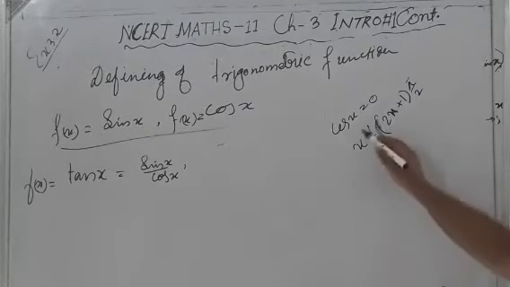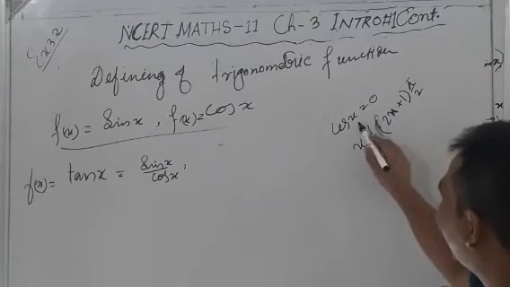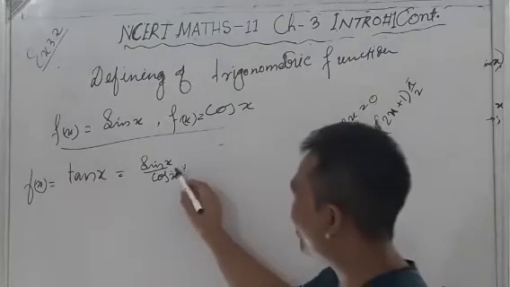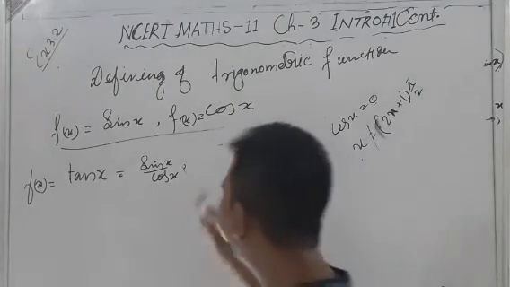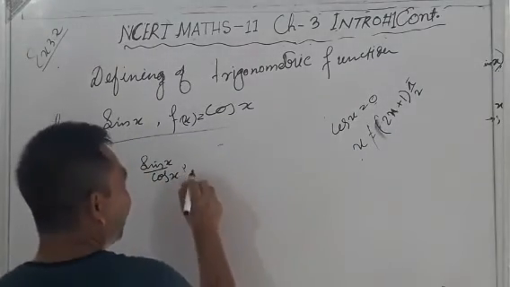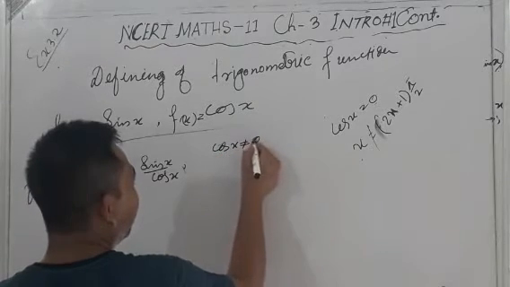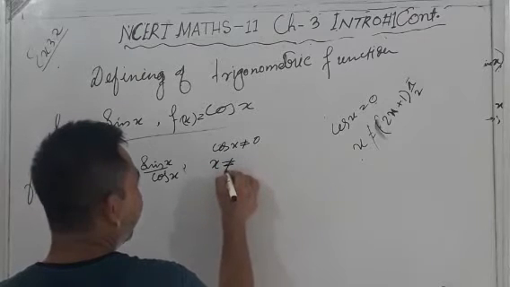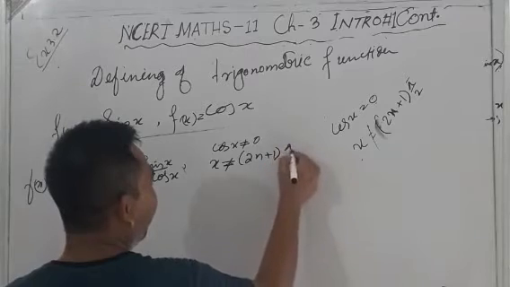So for cos x equal to 0, it is not possible; it is not defined. To make it defined, what we have to do? Cos x should not be equal to 0, or x is not equal to an odd multiple of pi by 2.